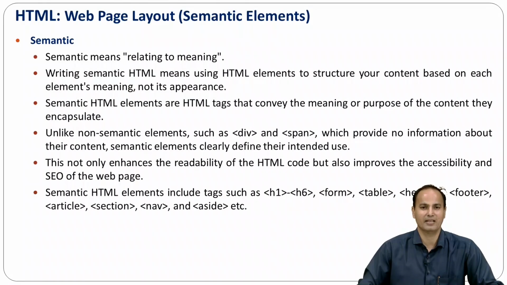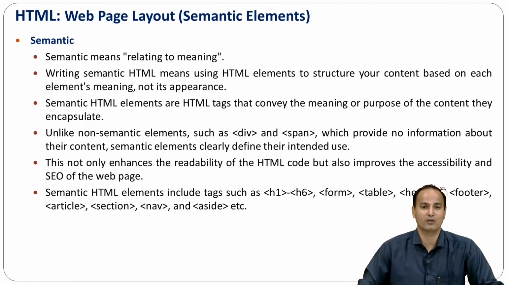Unlike non-semantic elements such as div and span that we discussed in the previous session, which provide no information about their content, semantic elements clearly define their intended use. Non-semantic elements were simply block level containers without any meaning, while semantic elements deliver a specific intended usage.